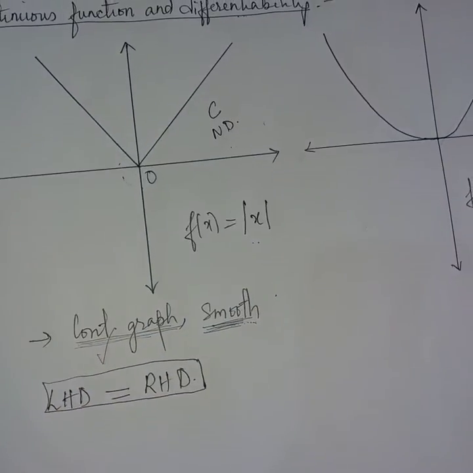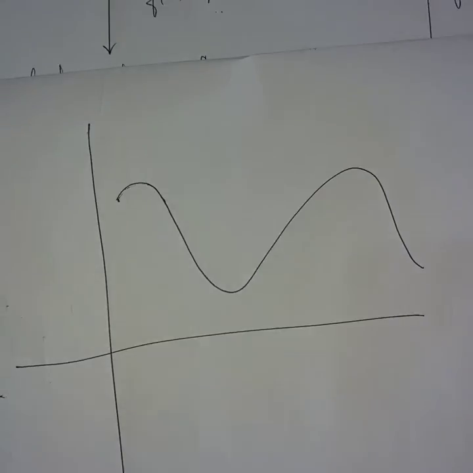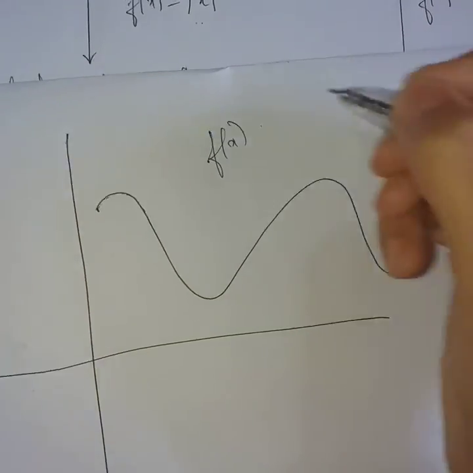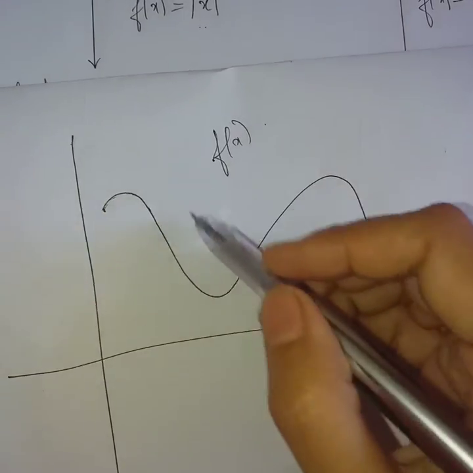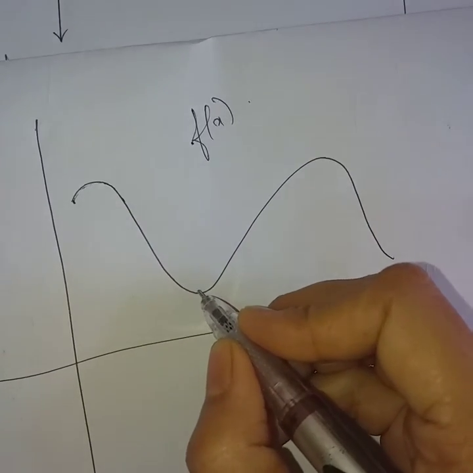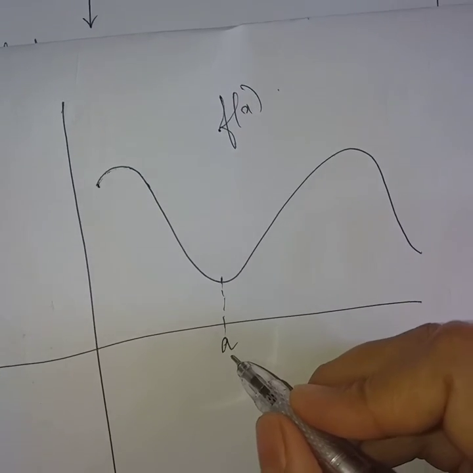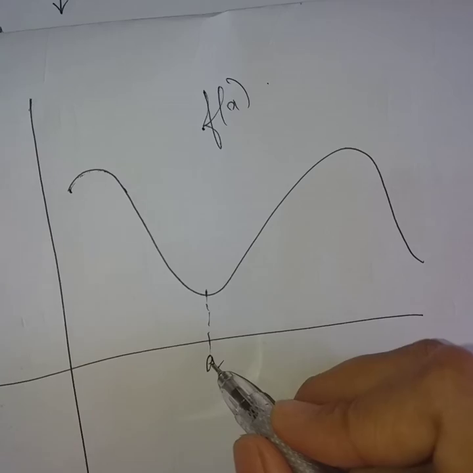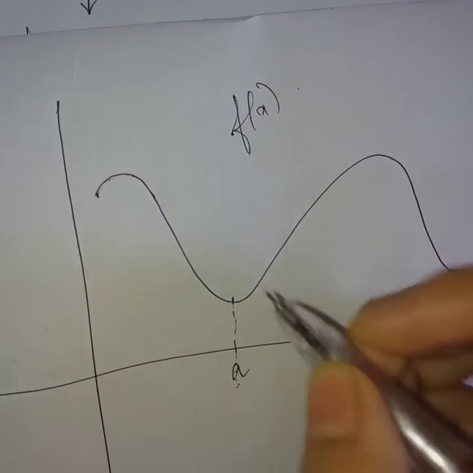Now we will understand what the left hand derivative and right hand derivative are. Let us take any random graph f(x), and we see that this is a continuous graph at every point. Let us take one point A and check the differentiability of this graph at this point. What is the condition, we will learn.